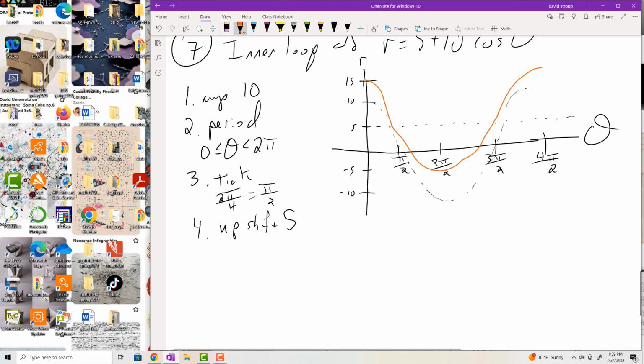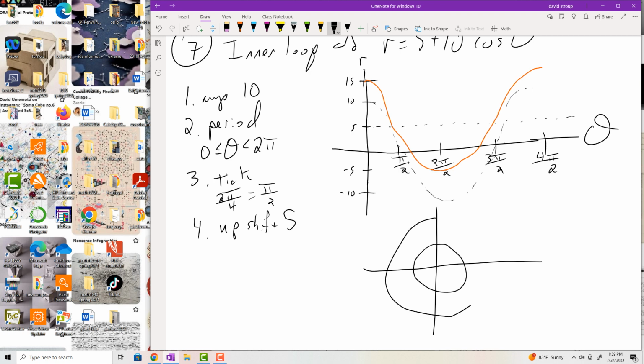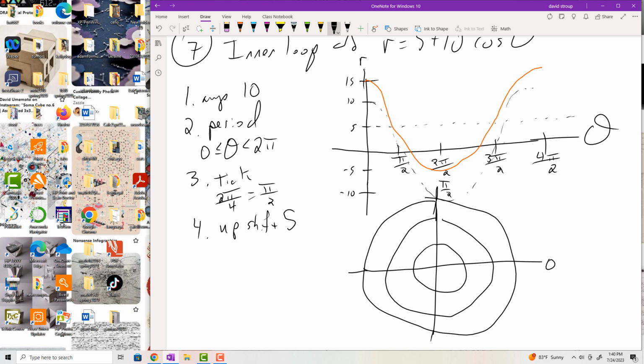Okay. So let's take a look in the XY plane with our polar graph paper. I need to go up to 15. I'm just going to use 3 circles, each at 5 units apart. And my tick marks are just at the axes, so 0, pi over 2, 2 pi over 2, which is pi, 3 pi over 2, and then 2 pi.